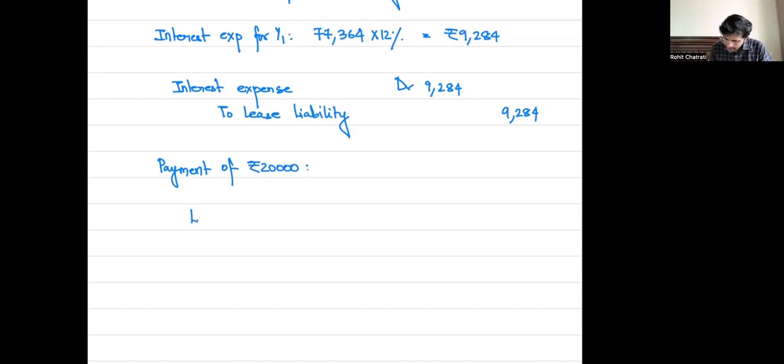That journal entry will be lease liability debit 20,000 to bank 20,000. This is similar to repayment of borrowing. You borrowed some amount of money, you accrued interest on that borrowing, and now you're actually repaying it. Therefore, the journal entry is lease liability debit to bank account.